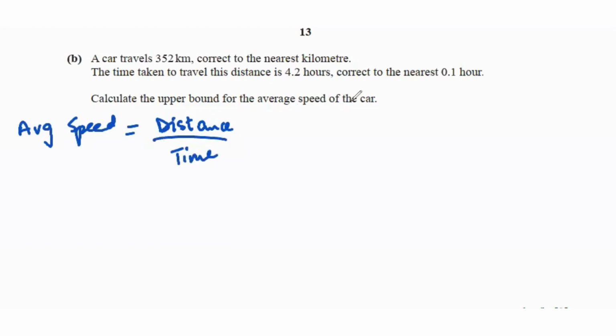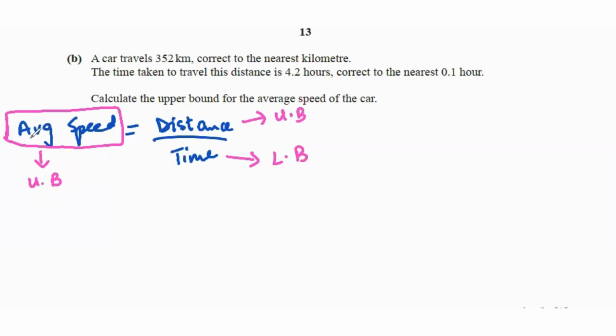To calculate the upper bound of average speed, your distance will be the upper bound value and your time will be the lower bound value, so that we can make sure the overall average speed is upper bound. If they were asking for the lower bound of average speed, then distance would be lower bound and time would be upper bound.